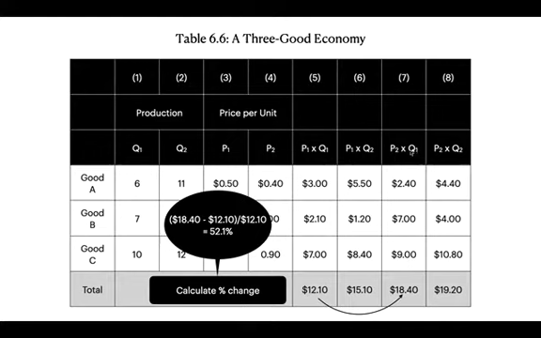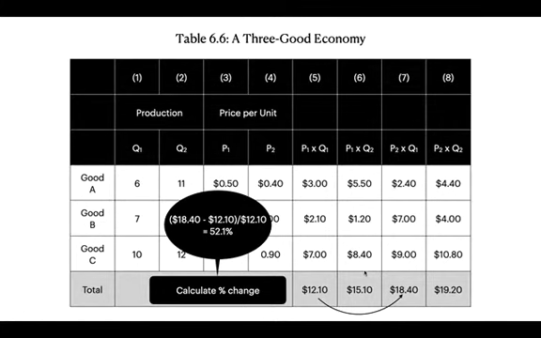So we have the quantity in year 1 multiplied by the price in year 2, which is $18.40, minus $12.10, the quantity in year 1 and the price in year 1. And then we divide by the initial year, using P1, so that's $12.10. So we end up with $6.30 divided by $12.10, which gives us 52.1%.